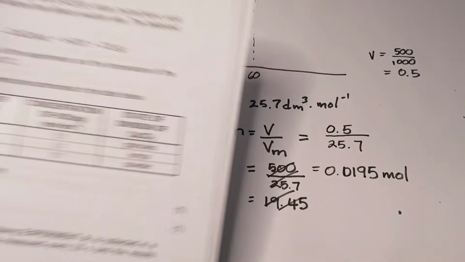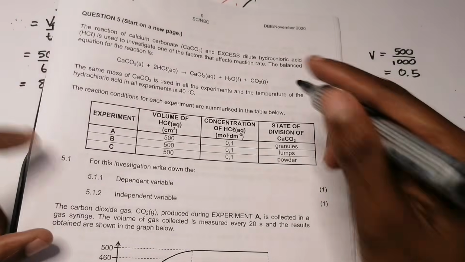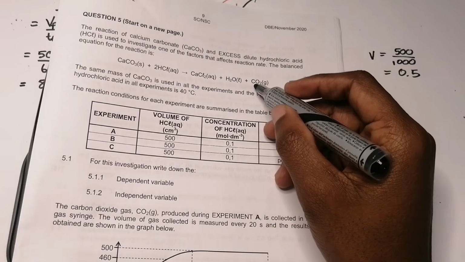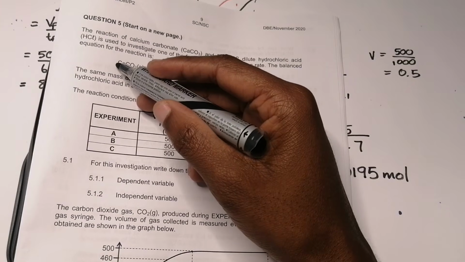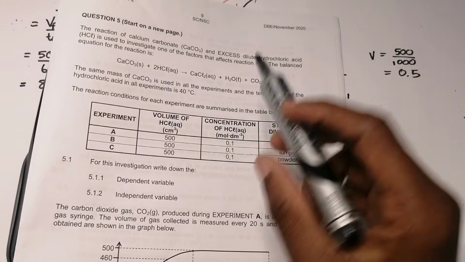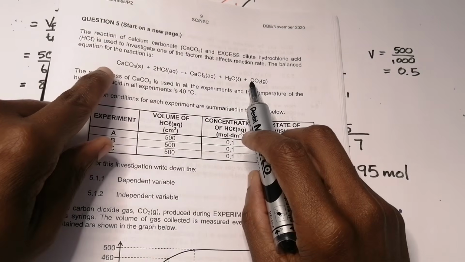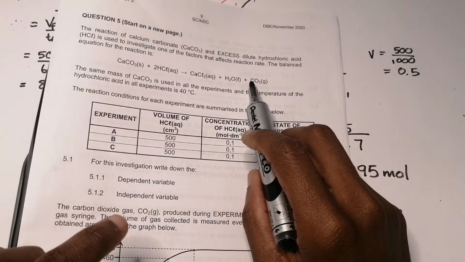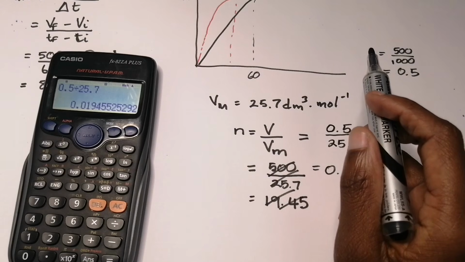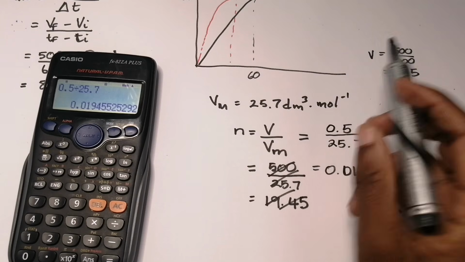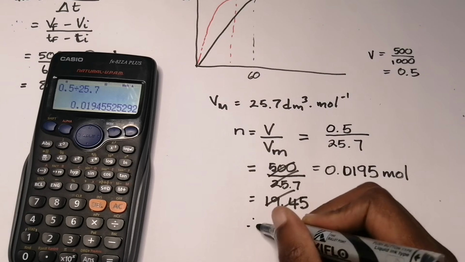But what do we know about this reaction? It says for every number of moles that I produce of carbon dioxide, I would have used the same number of moles of calcium carbonate. How do I know? For every one, there's one, isn't it? So for every amount here, it will be the same amount there. So what's the number of moles of calcium carbonate? It should actually be the same number.